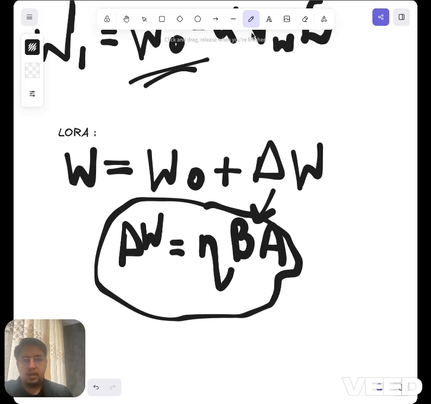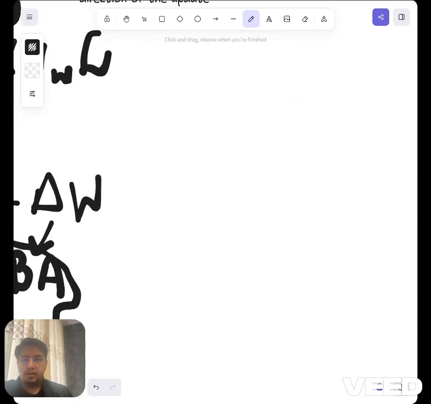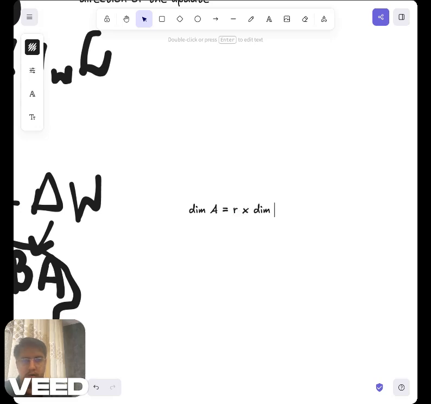So I'll write that out as well, where dimension of A is equal to R cross dimension of input, and the dimension of B is equal to dimension of the output cross rank.